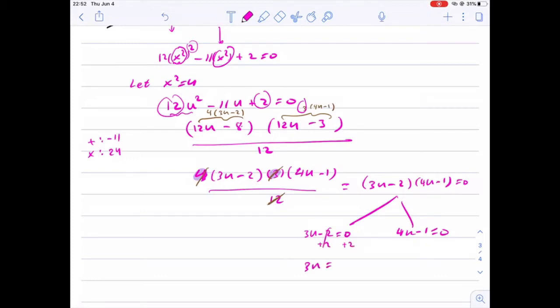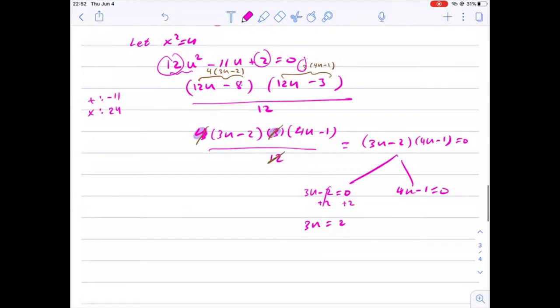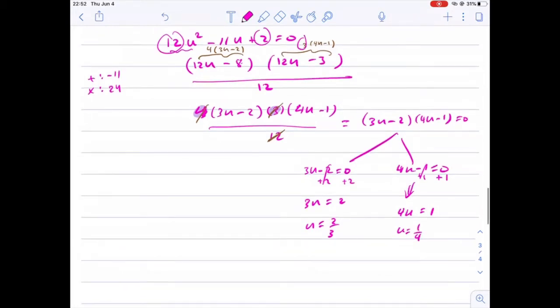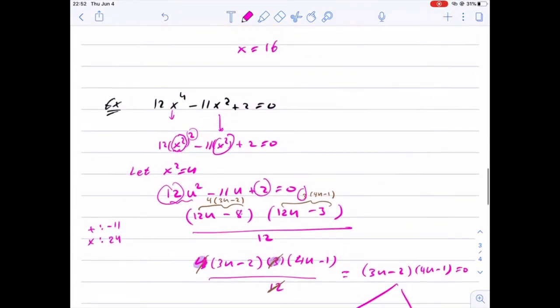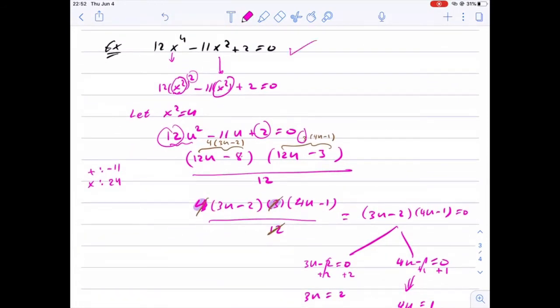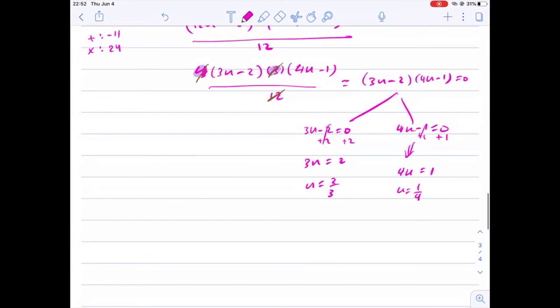We get 3u equals 2, and then we divide by the coefficient of u. u is 2/3, and for the second equation we add 1 to both sides, so we get 4u equals 1, and then we divide by the coefficient of u, so we get u equals 1/4. Is this the final answer? No, because the original equation is written in terms of x, and here the solutions are written in terms of u.